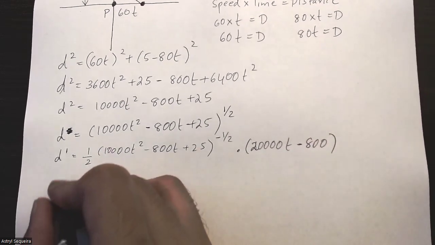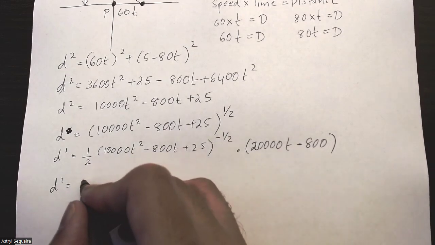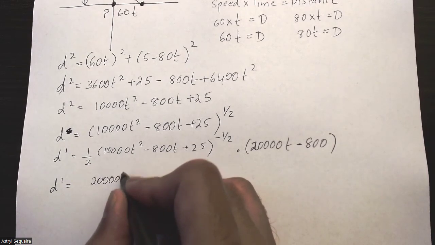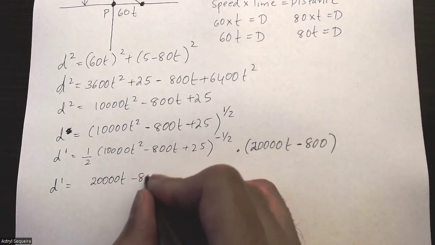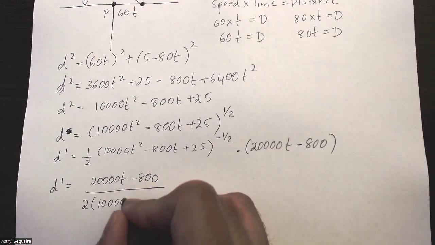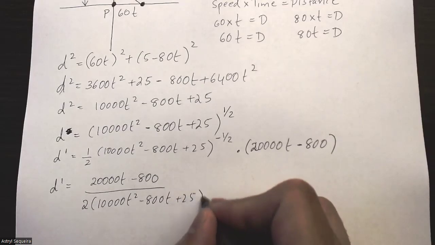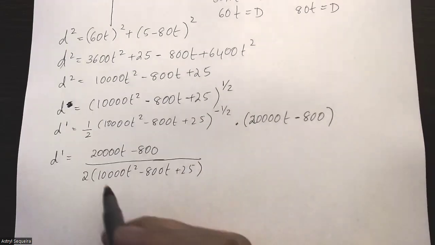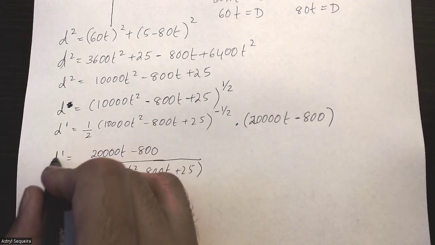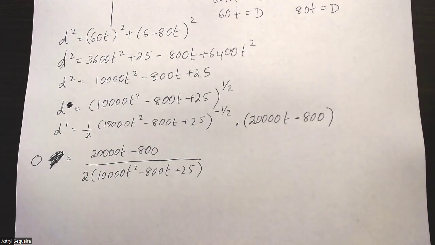Now I can simplify this. I can just move this to the bottom. There's only 20,000t minus 800. Now I can cross multiply this over. Well, technically I want to make my d prime 0 when solving for my critical points.